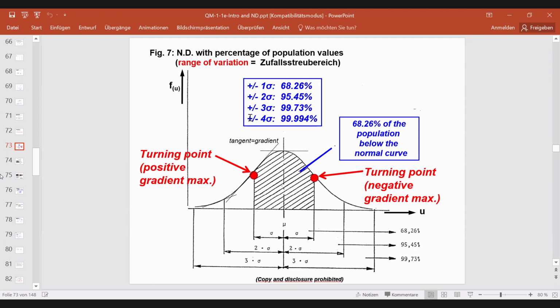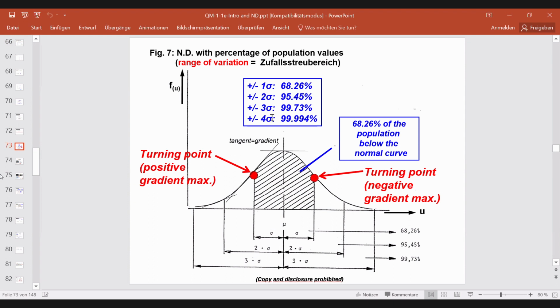And here you see plus minus 3 sigma is 0.73. This means a CP and a CPK value of 1.0. And this here is a CPK and a CP value of plus minus 4 sigma.